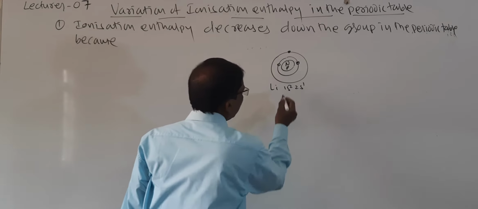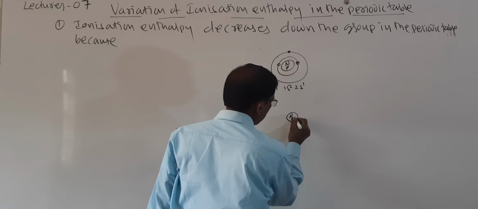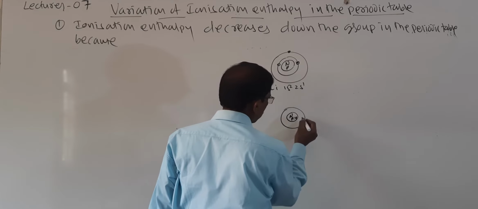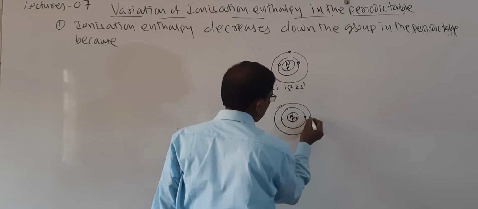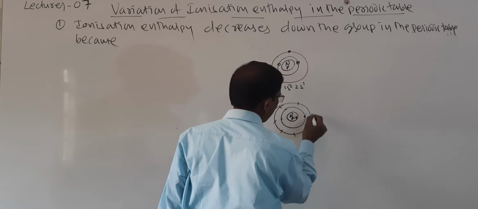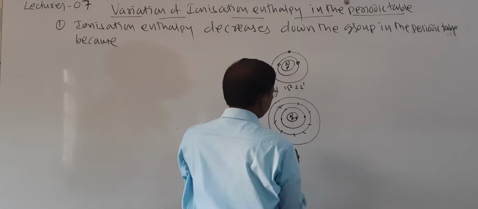After lithium you will get sodium: protons 11, neutrons, and 2 electrons, then 8 electrons, and after that 1 electron.